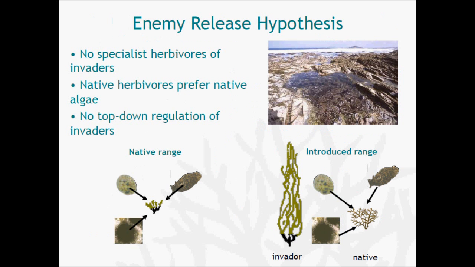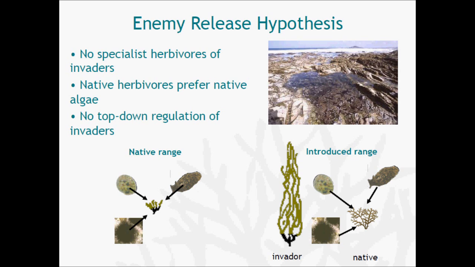Okay, so let's talk about the herbivores now. What is the importance of the herbivores? There is this enemy release hypothesis for introduced species, which says that in the native range, this species has herbivores that are specific to it. We remember from the slide before, in a study that we are going to publish now, in Japan the herbivores associated with Sargassum muticum are different from the herbivores associated with other Sargassum species.